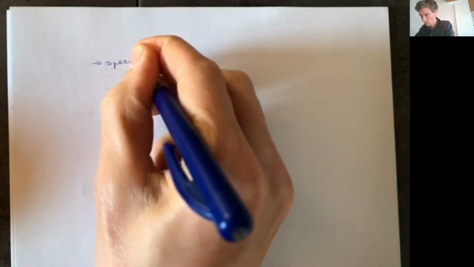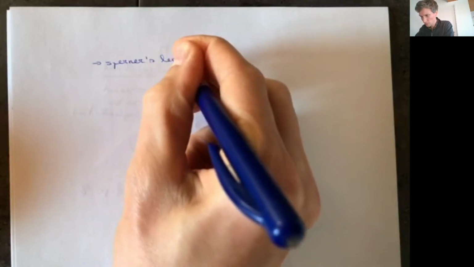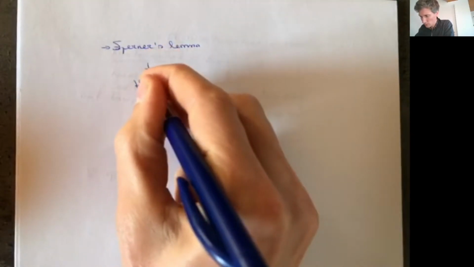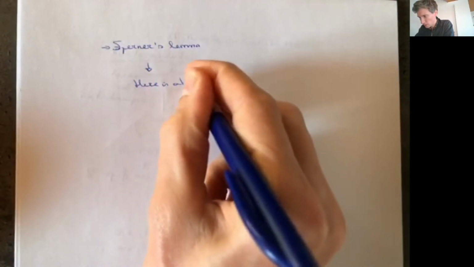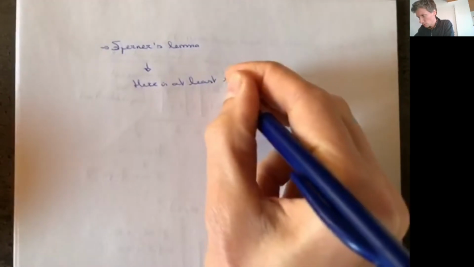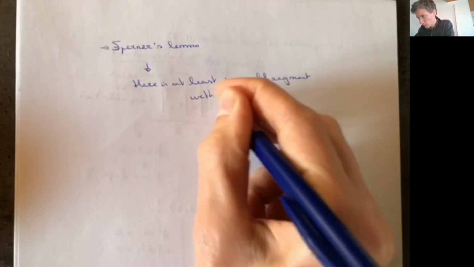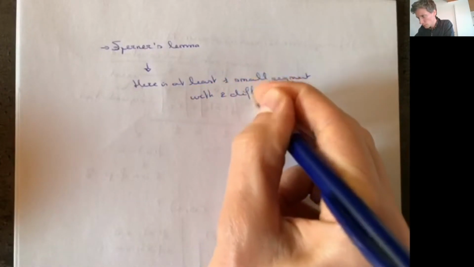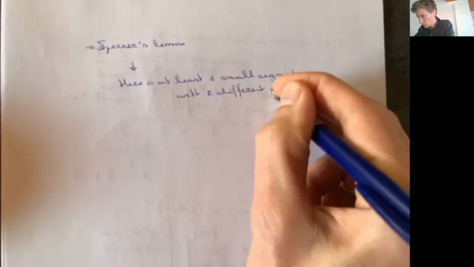So if you apply Sperner's lemma, capital letter, well, then we know that there is at least one small segment with two different colors.